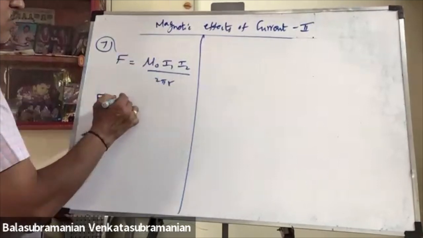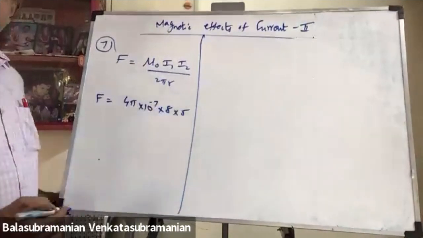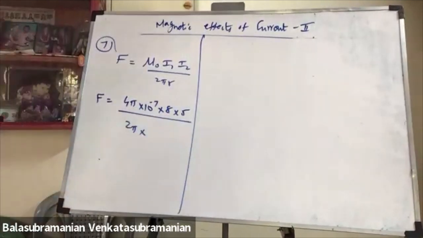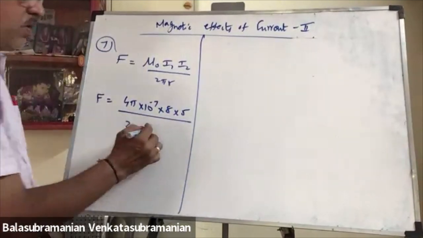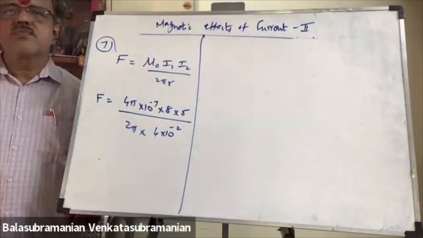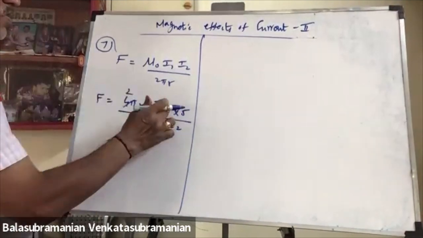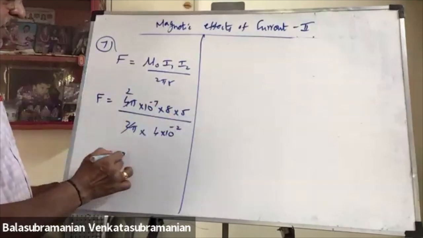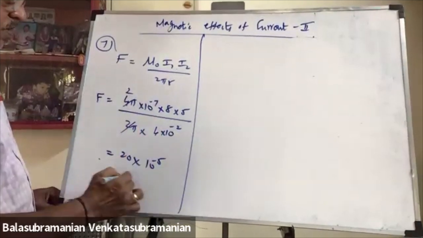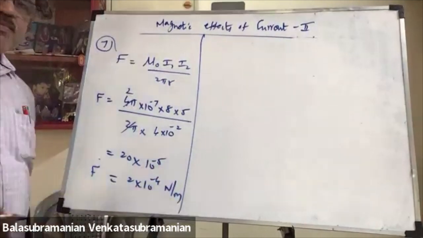F is equal to 4 pi into 10 power minus 7, 8 ampere into 5 ampere divided by 2 pi, distance 4 into 10 power minus 2. So 2 times 4 into 5, 20, 10 power minus 7 plus 2, 10 power minus 5. 2 into 10 power minus 4 Newton per meter.